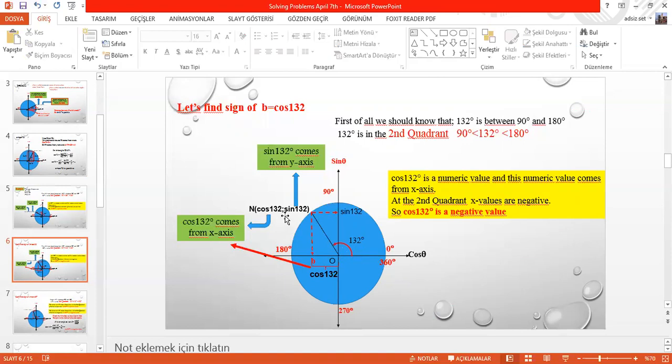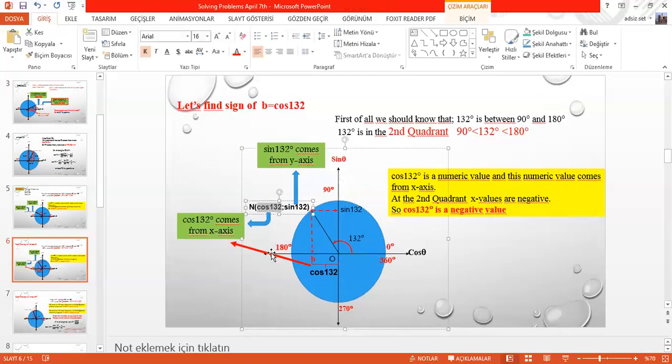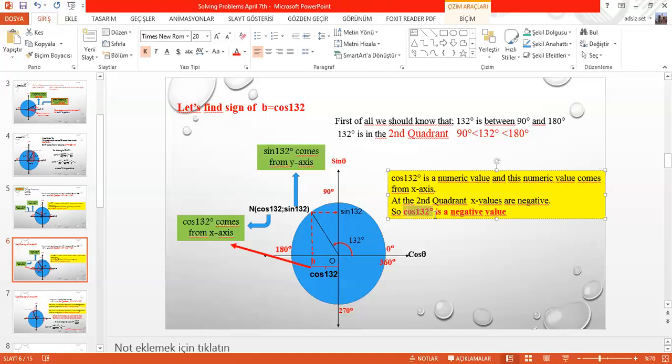This is the point N in the second quadrant, and it shows the coordinates of N: cosine 132, sine 132. The first component is cosine, which comes from the x-axis, and the x values in the second quadrant are negative, so cosine 132 is a negative value.